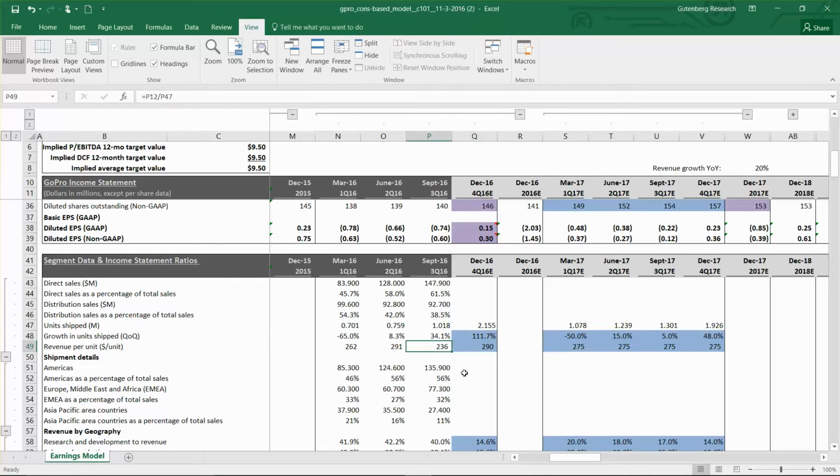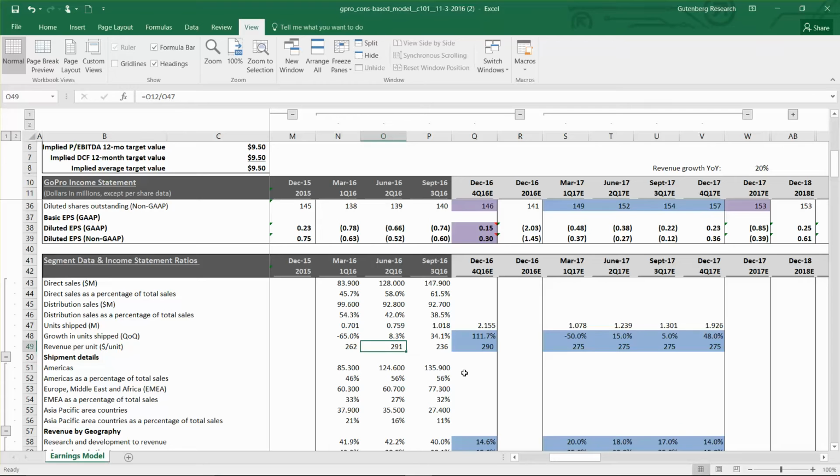And if you look at how this metric has shaped up in the past, September quarter looks a little funny because they really didn't ship the units that they had originally anticipated they would. But back in June, they reached $291 per unit shipped. That $291 is obviously not a real average selling price.